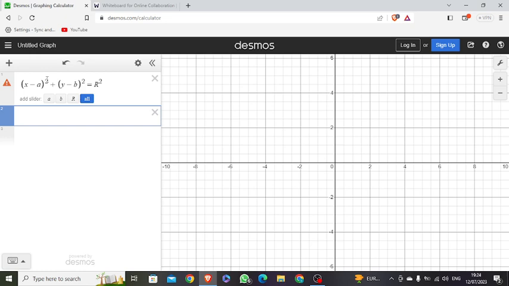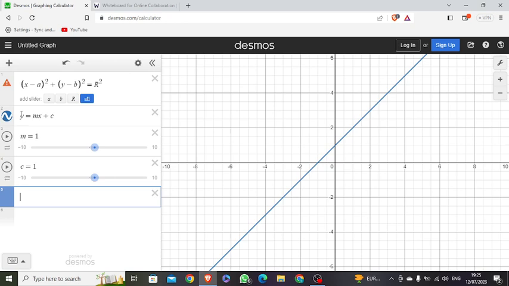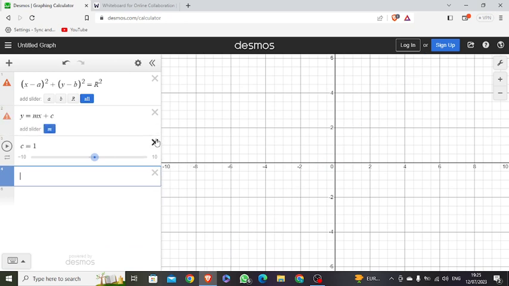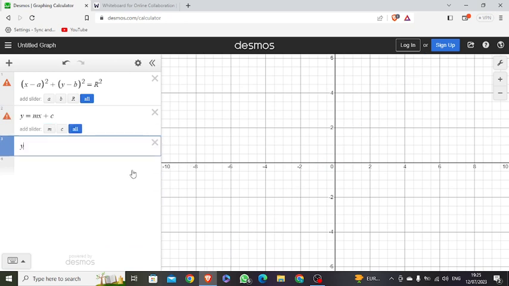Before this, what you may have seen would be something like y equals mx plus c, or something more complex like y equals ax squared plus bx plus c. Alright? And then you get the equation for a circle.